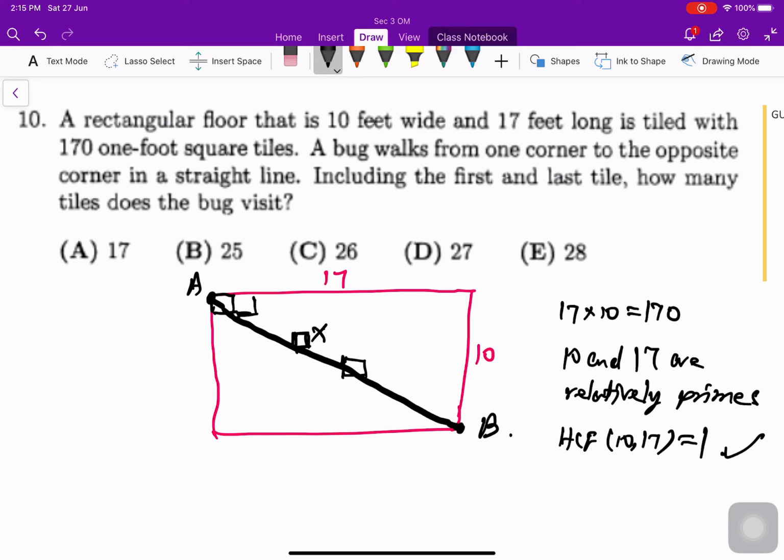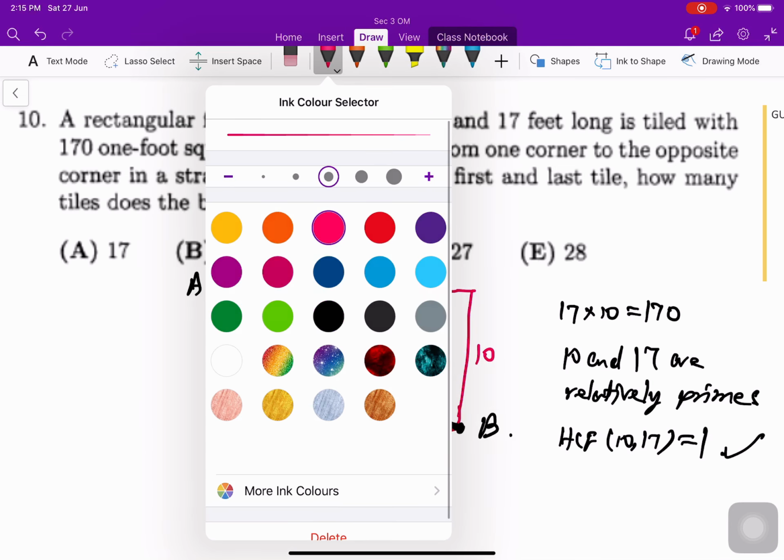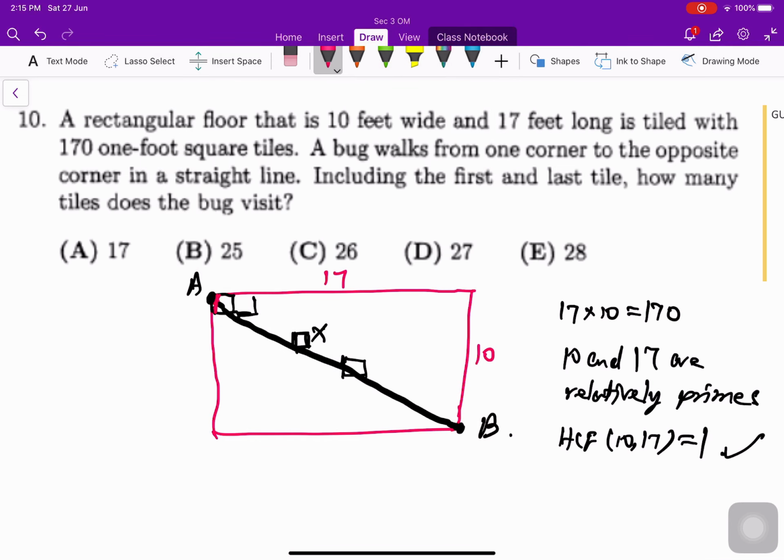Therefore, in this case, can you see that, starting from the first tile, the bug must cross 16 edges.